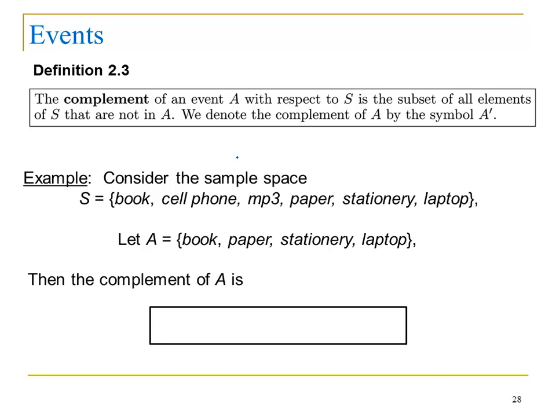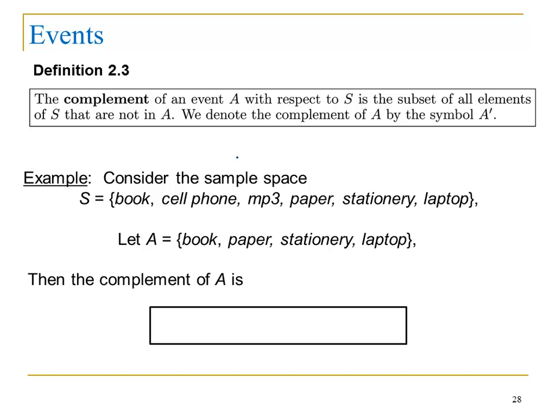Now, the complement of an event with respect to the sample space is the subset of all the elements of the sample space that are not listed in your event. So if our event is called A, then we look at all the outcomes that are not listed in A, and we call them the complement.